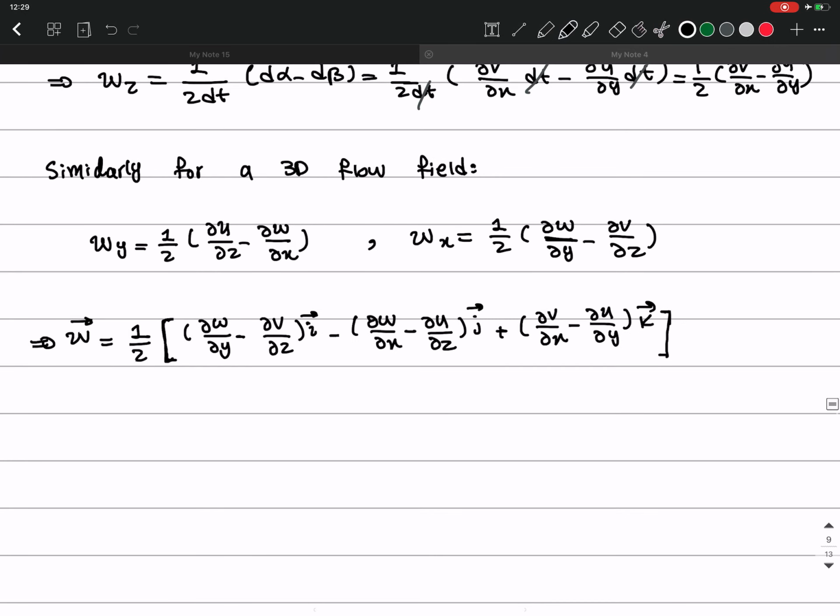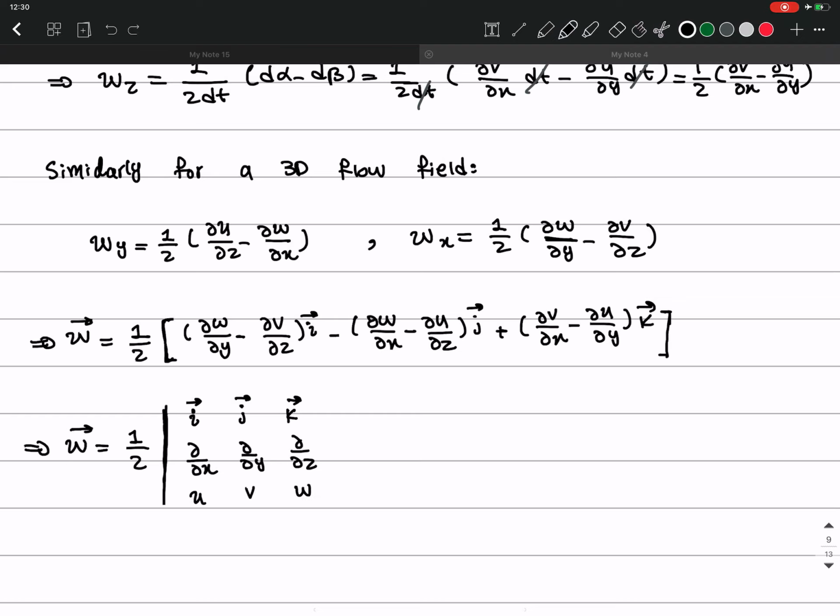So the rotation vector is going to be 1/2 of the determinant of this matrix: i, j, k; partial over partial x, partial over partial y, partial over partial z, which is the grad; and u, v, w.